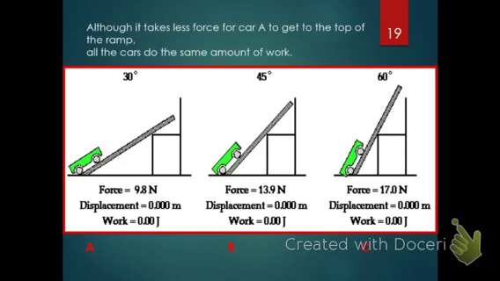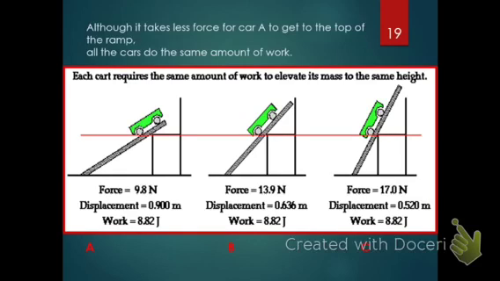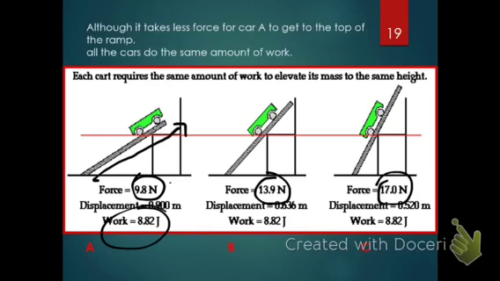All right, so here's an example of a ramp at work, all right? When you look at this example, look at what's happening with the force each time, okay? So the longer the distance that you make, the less force you apply. But the work that you're doing is actually the same.